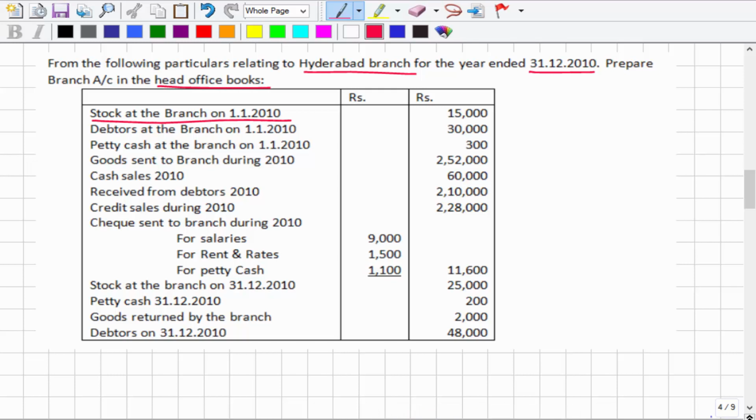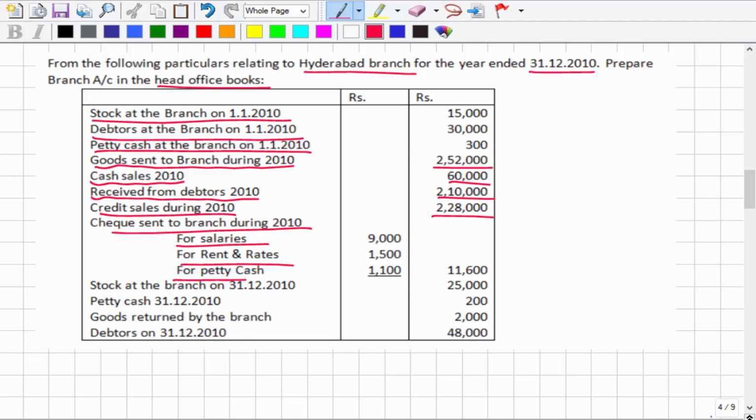You have stock at the branch on 1st Jan 2010, 15,000, debtors 30,000, petty cash 300, then goods that are sent to branch by head office is 2 lakh 52,000, cash sales 60,000, then cash received from debtors 2 lakh 10,000, credit sales is 2 lakh 28,000, checks sent to branch during 2010 for salaries, rents and rates and petty cash so much, then stock at the branch is 25,000, petty cash is 200, goods returned by the branch, this is the adjustment we have additionally, then debtors on 31st December 2010 is 48,000. Okay, now with this information we have to prepare branch account.